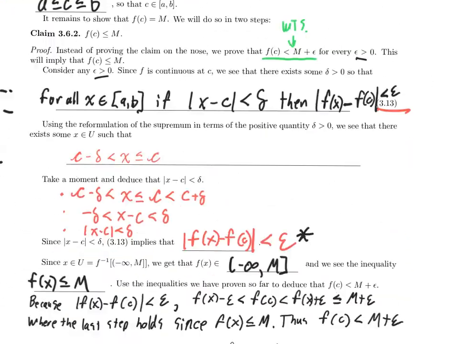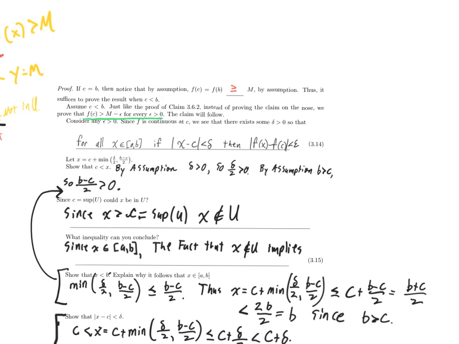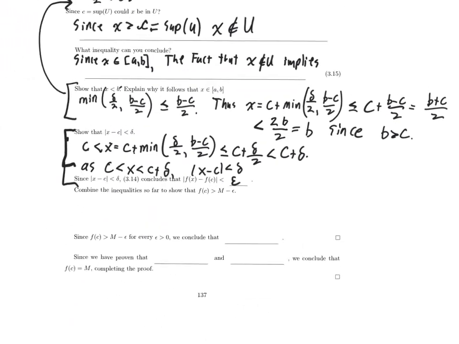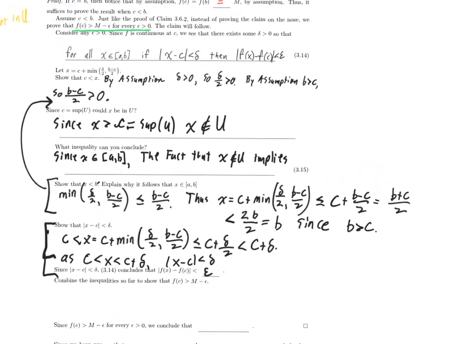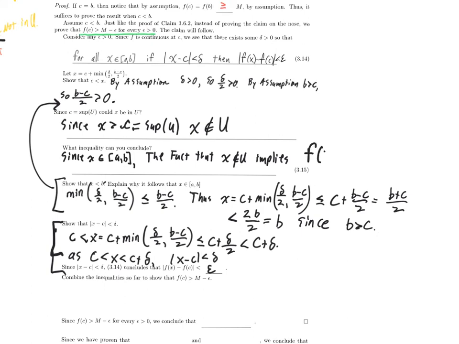So using that, the fact that x is not in U implies that f of x must be bigger than m.